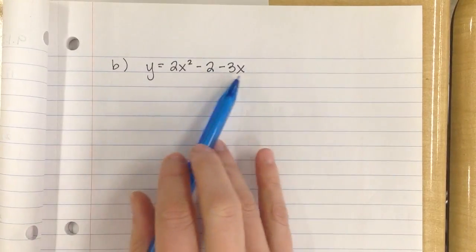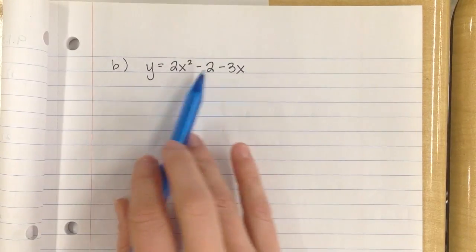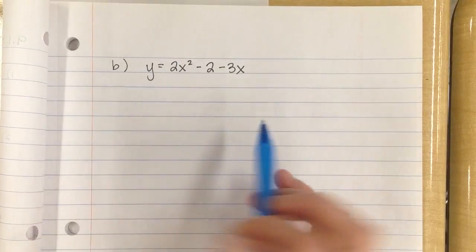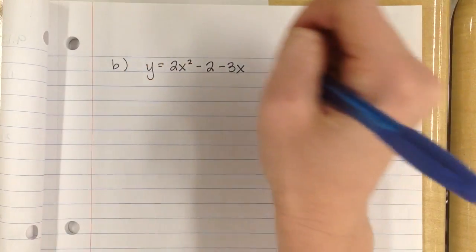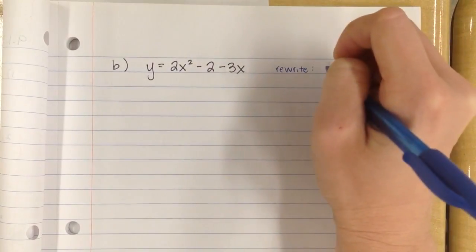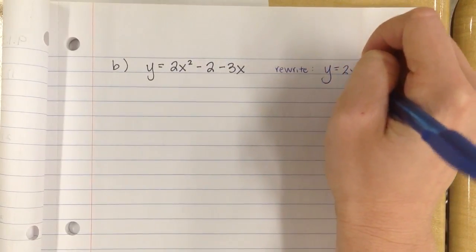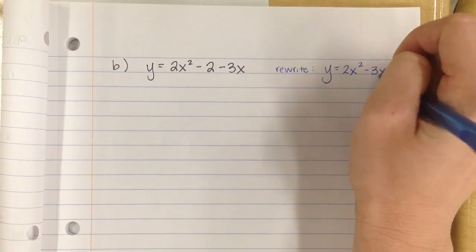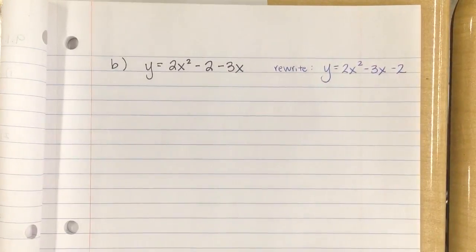They want me to not notice that the negative 3x is in the place of the c value, where the c value should be. So first step is to rewrite into actual standard form: y equals 2x squared minus 3x minus 2.